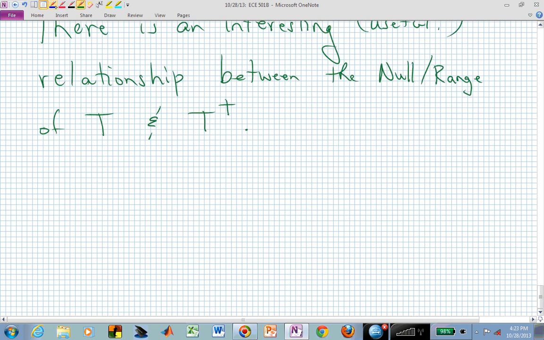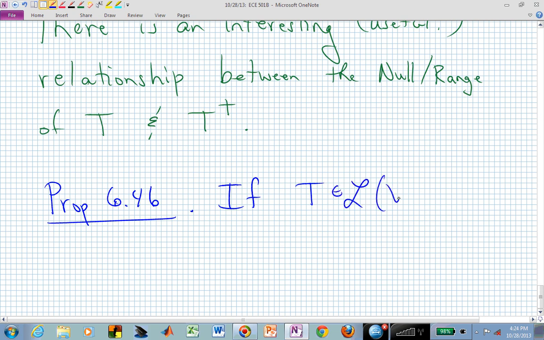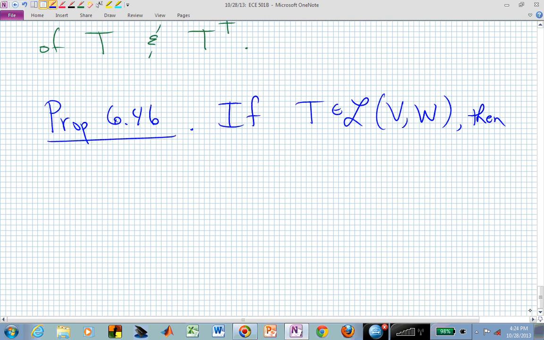And these relationships are stated in this proposition 6.46. First, let's just start with a linear map between V and W. Then we have four different relationships.